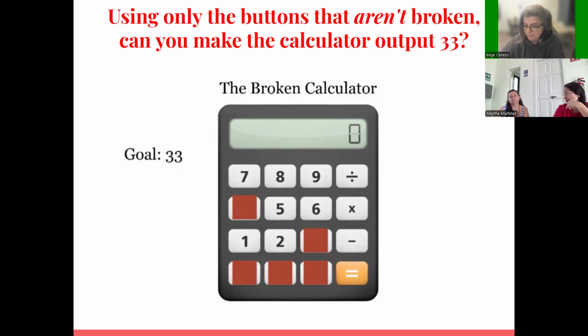Bueno, a ver, 33. Me quito el 3. Let me know whenever you're ready, but both of you think separately, okay? Don't share your thoughts. You get to pick.